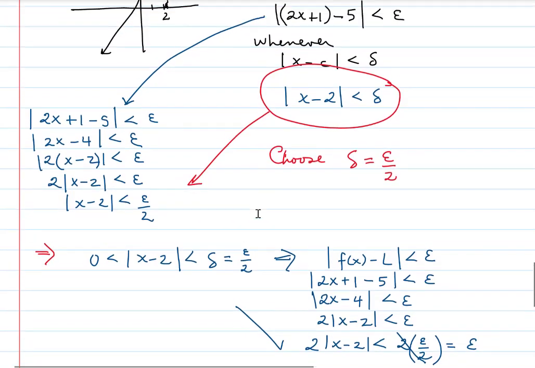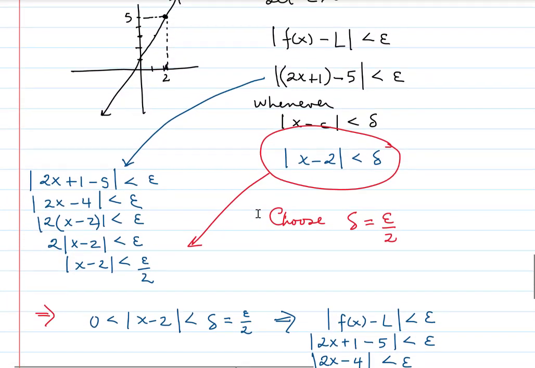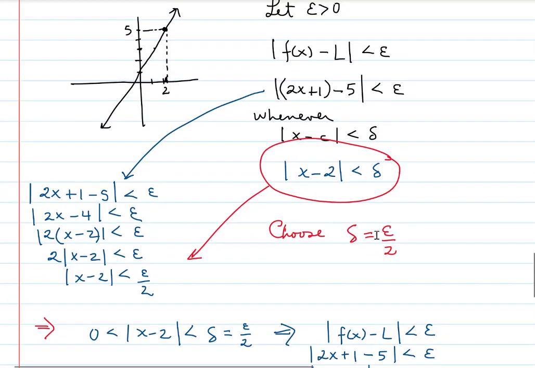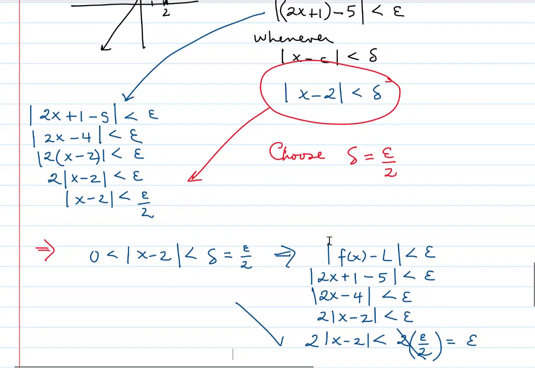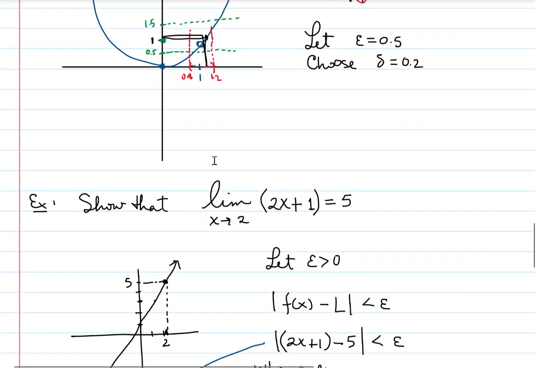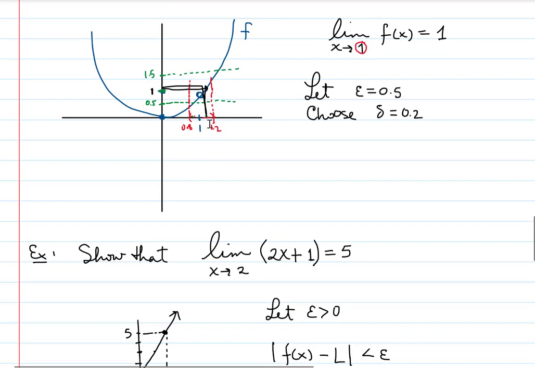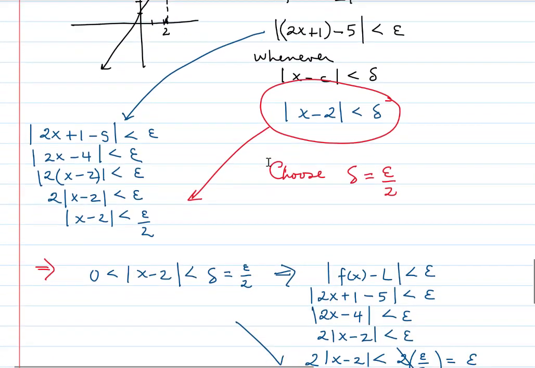So notice here how we didn't use any numbers. We derived a delta in terms of epsilon, so no matter what epsilon is, we're always guaranteed to have a delta that works. Remember how we did one with numbers earlier? We showed it there, but if we made epsilon bigger or smaller, we had to choose a different delta.